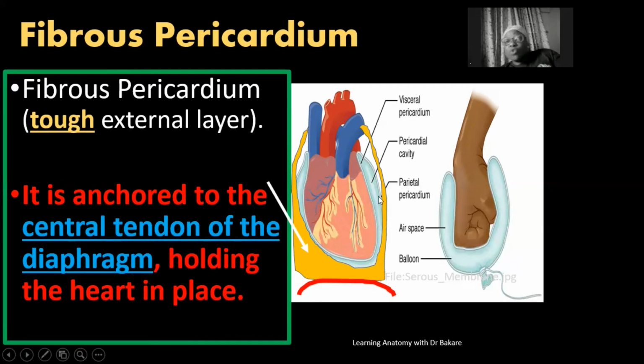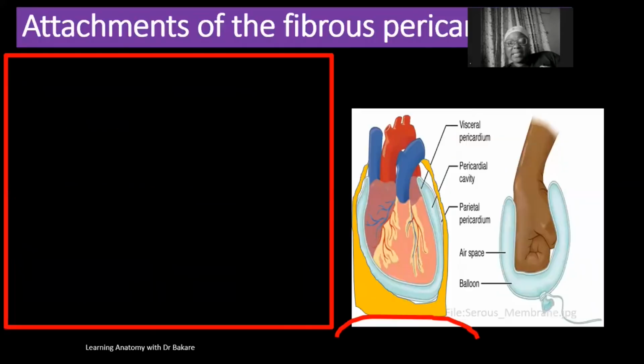So it's helping to hold whatever is on the inside in place because the fibrous layer of the pericardium is attached to the diaphragm. So we can relate the structural configuration of the fibrous pericardium, in terms of where it connects, to establish the function of the pericardium, where we highlight that it helps to hold the heart in place. This is the diaphragm highlighted in red, which the fibrous pericardium is connected with.